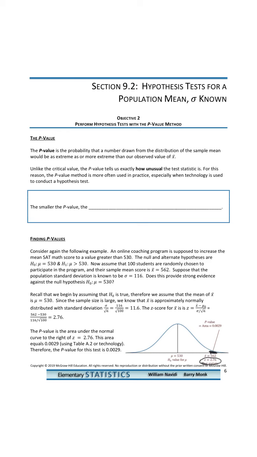So the p-value is the area under the normal curve to the right of z equal 2.76. The smaller the area, the more extreme the value, and the stronger the evidence against the null hypothesis. So the smaller the p-value, the more we will reject.